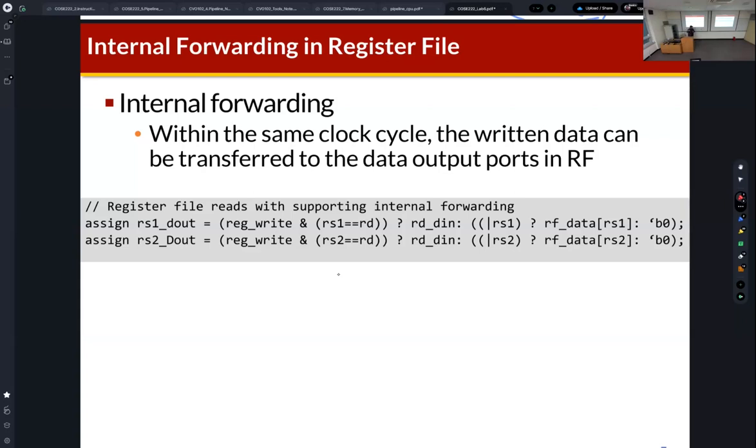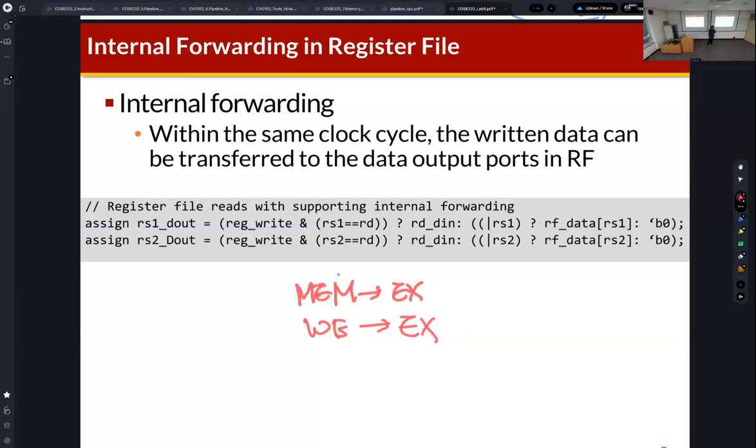So when I explained about the data forwarding, data can be forwarded from the memory stage to the execution stage, that is the input of the ALU, right? Also, the write back data can be forwarded to the execution stage.